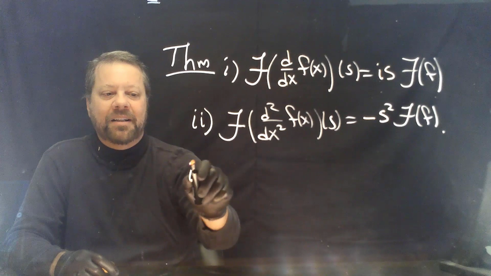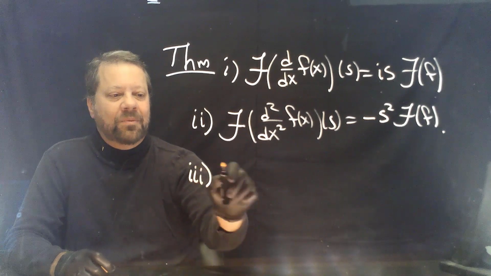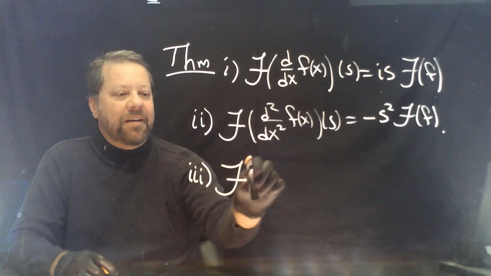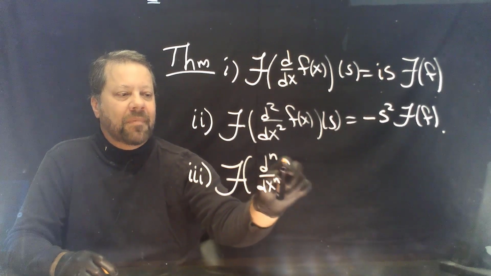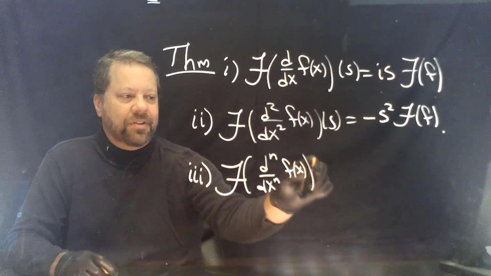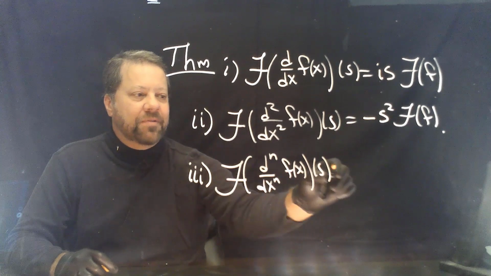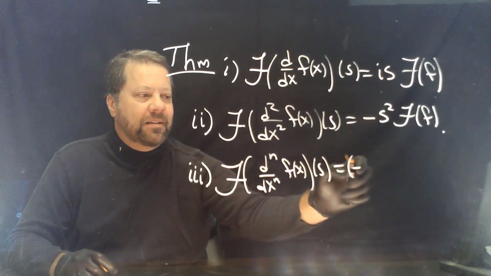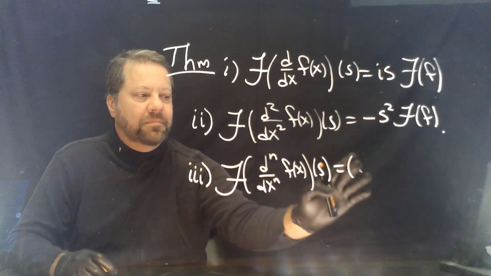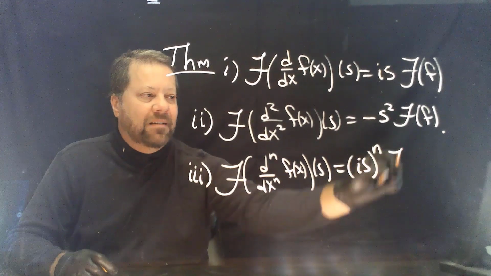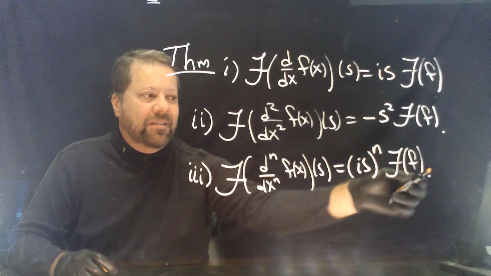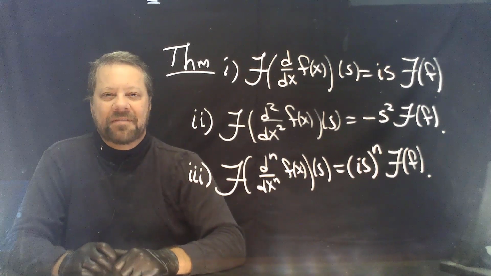Obviously, by induction, we'll have the following. If you have the nth order derivative of some function and apply the Fourier transform, you're going to get is to the power of n times the Fourier transform of the function f.